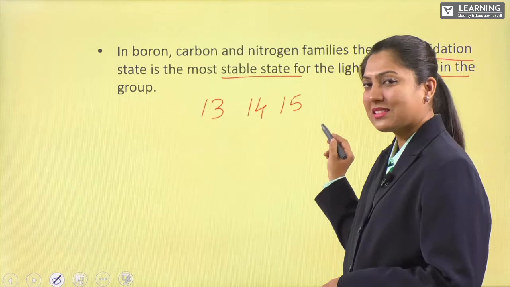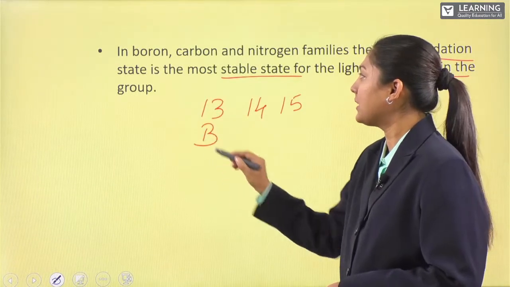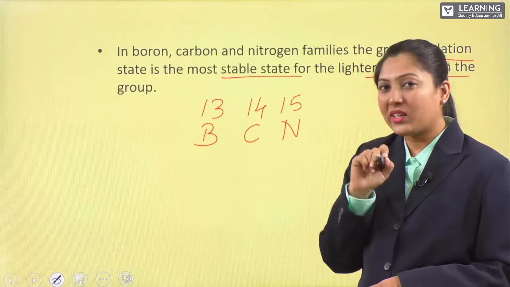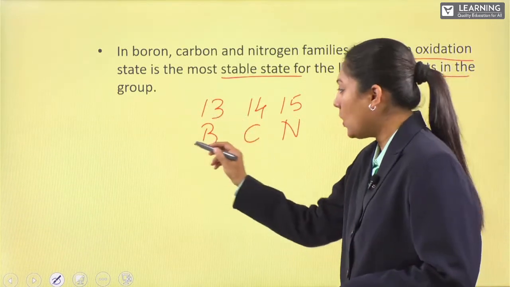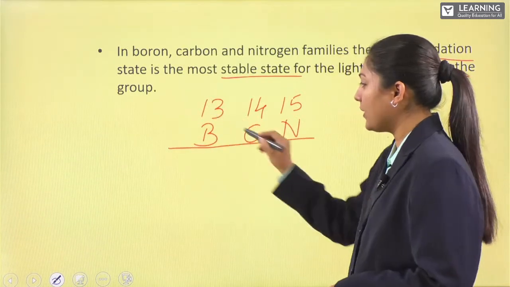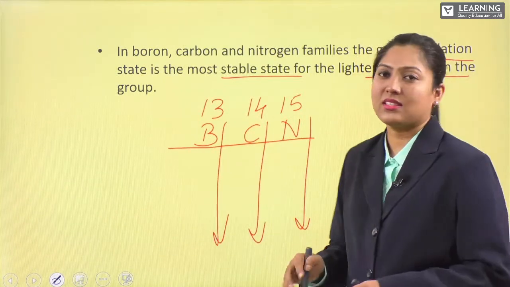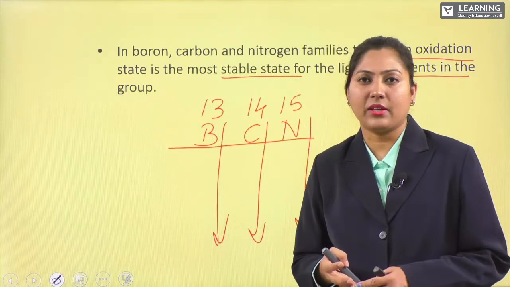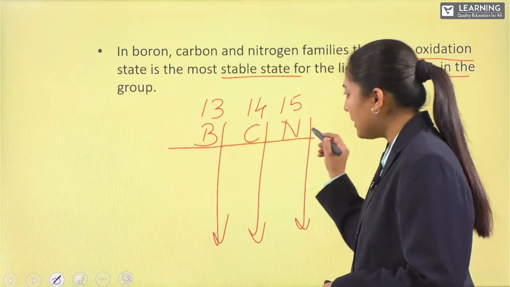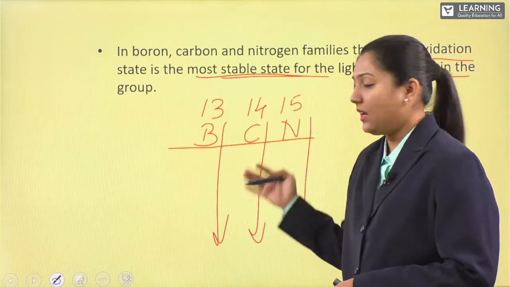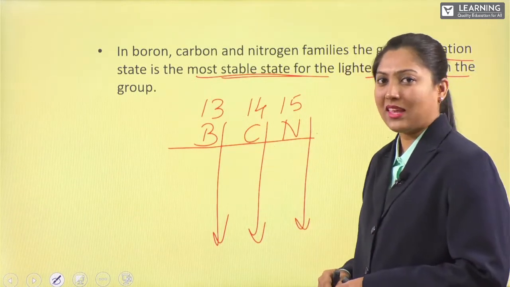In all these 3 groups, the first element is boron, next carbon, next nitrogen. What this point is saying is that down the group, the size increases. As the size increases, the elements become heavier, right? So these lighter elements will have the most stable state compared to other elements in the same group.